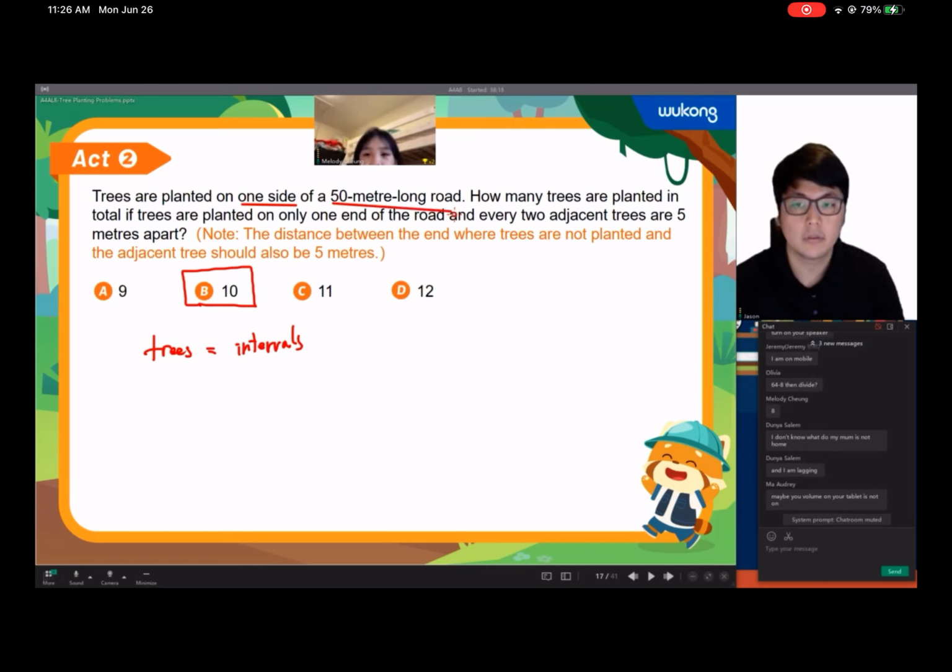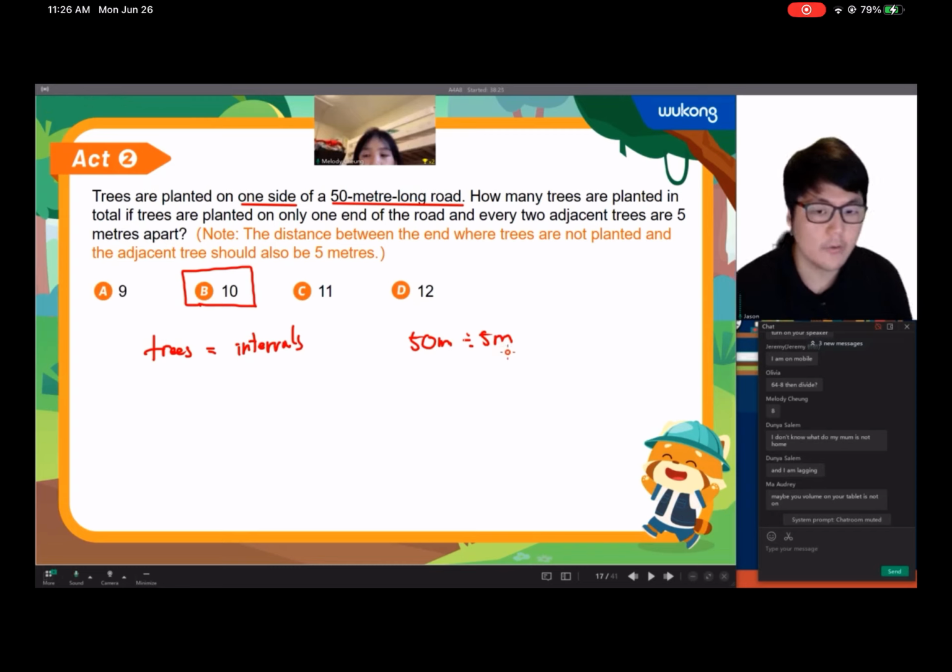It's 50 divided by 5. Yeah, it's a 50 meter long road. You need to divide it by 5 meters. And are you sure every interval is 5 meters? No. No? Then this is not allowed then. It's yes. Why is it yes? Because the end is 5 meters. No, because every 2 trees are 5 meters apart.